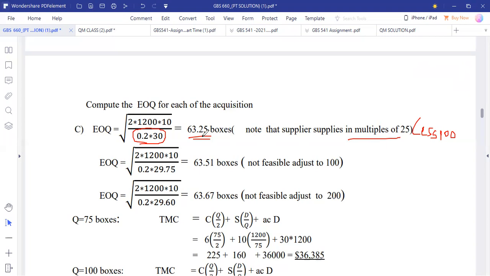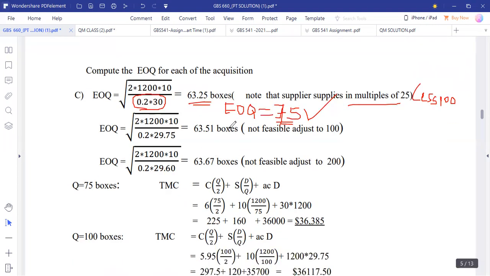So meaning the 63.25, we had chosen our EOQ here, which was the cost effective that we recommended. 63.25 is not actually feasible. So we are supposed to go for 75. Okay, so 75 is what we're supposed to go for.